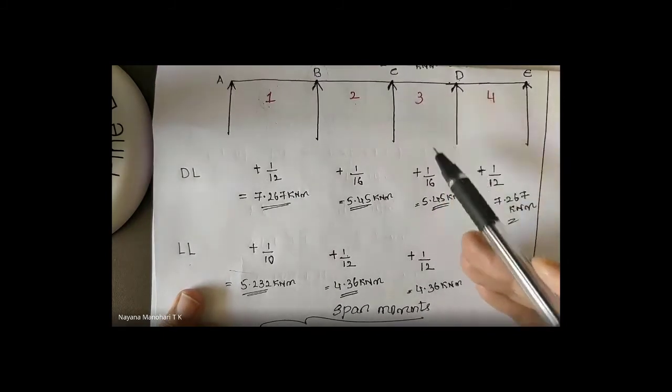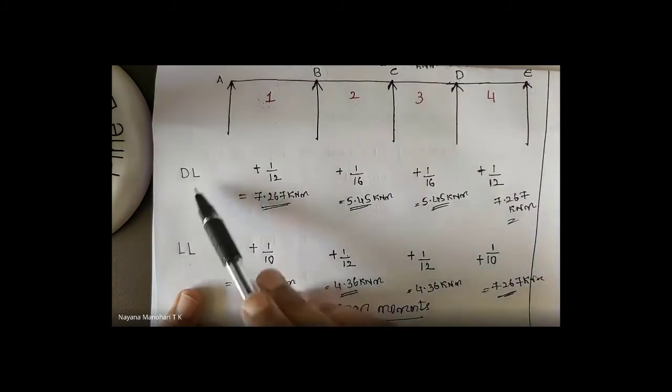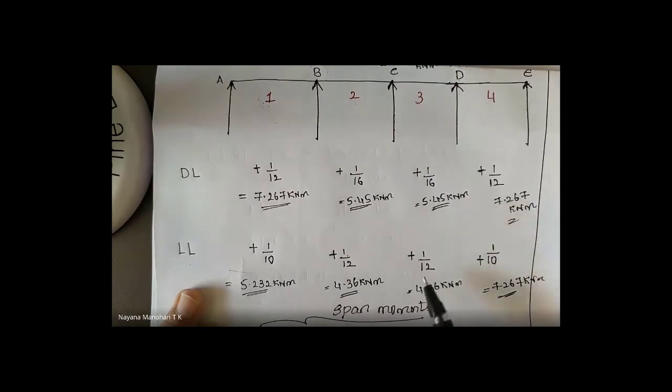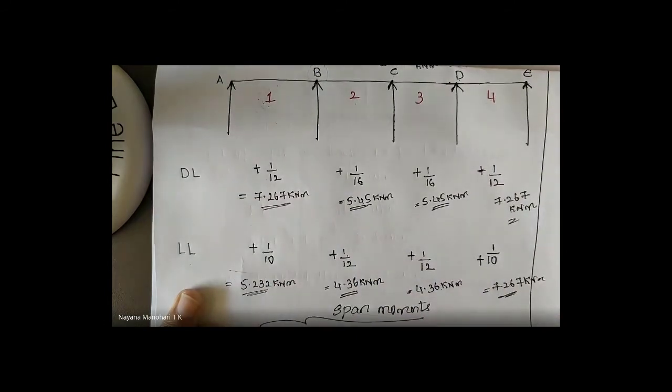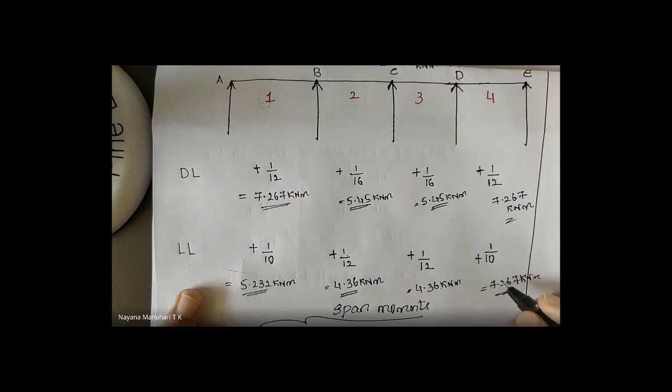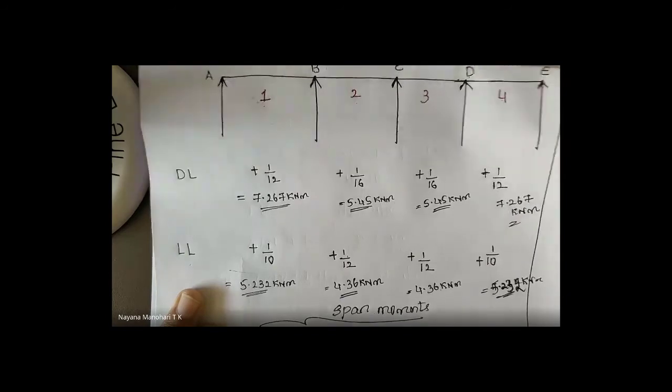Next, mu at 3. Okay, add both the value, that is 5.45 plus 4.36. Similarly, add at 4, that is 7.267 plus 5.232. Okay, now I will write it down.